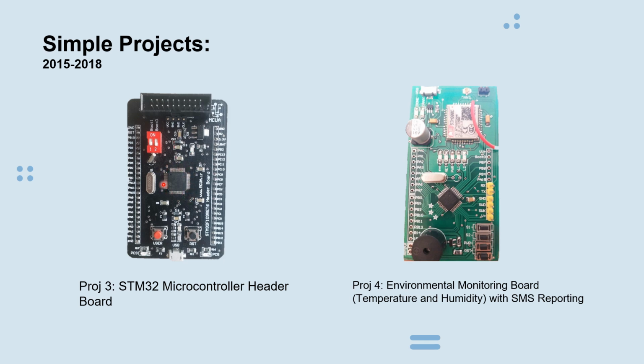So this microcontroller is more advanced than Arduino's one. And the header board is basically a PCB that comes with the microcontroller and the essential components needed for the microcontroller to get up and running.